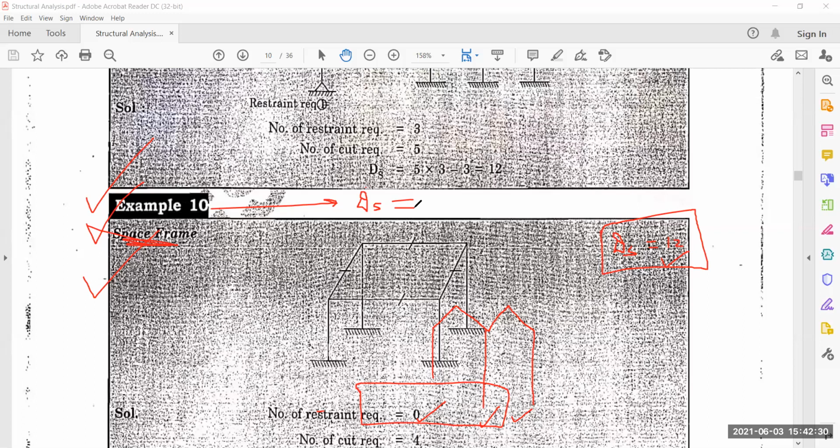Someone guessing DS is equal to 24. Is there any other answer? Did everyone get DS is equal to 24?